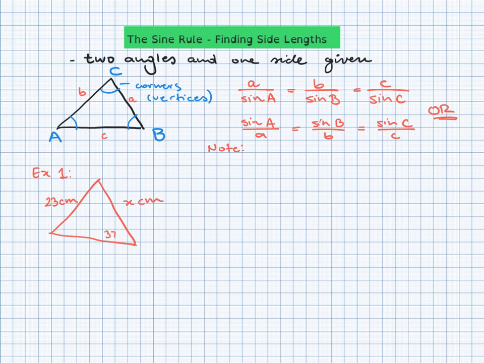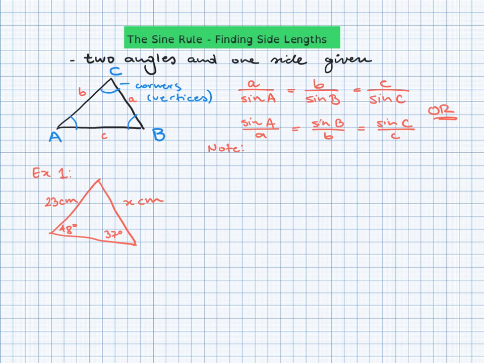So this angle is 37 degrees and 48 degrees. As we have already seen, the sine rule is side and corresponding opposite angle, sine of opposite angle, side, and corresponding opposite sine of that angle.